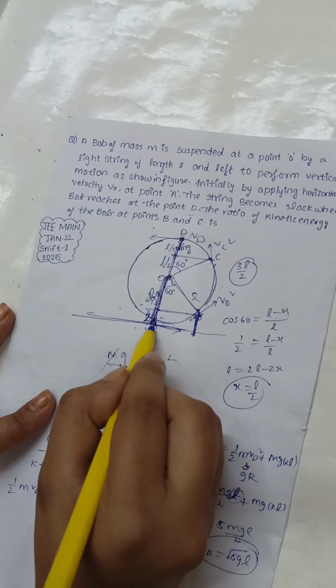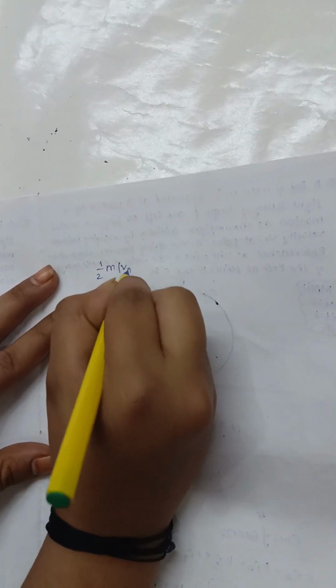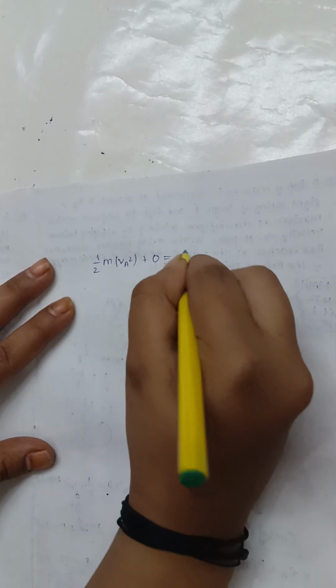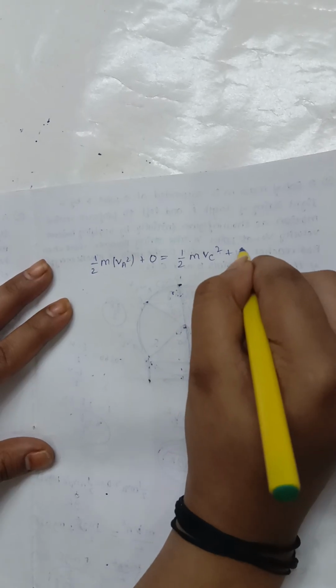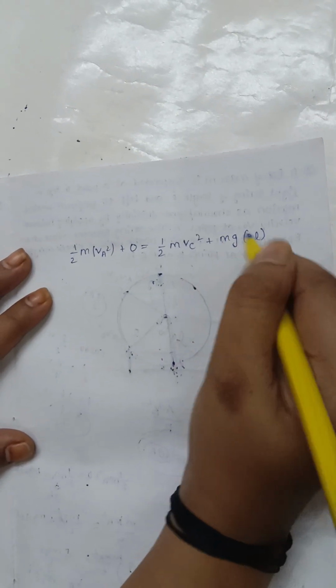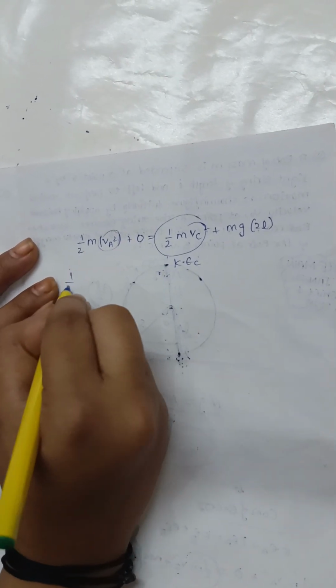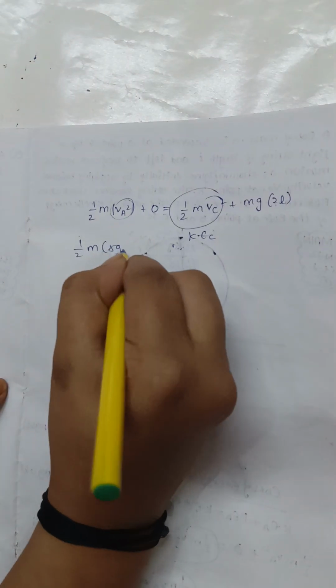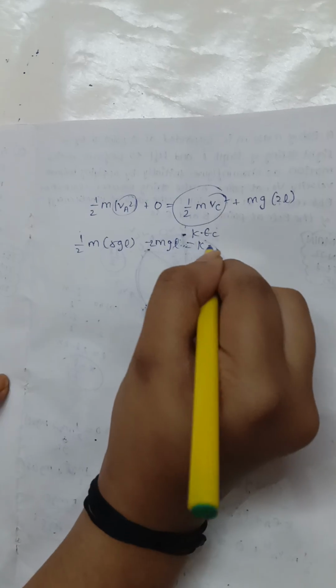Applying conservation of energy at A and C: half m vA square plus 0 potential energy equals half m vC square plus mg times the height, which gives the kinetic energy at C. What is vA? We got it as root 5gL, right? So half m 5gL minus the potential energy is the kinetic energy at C.